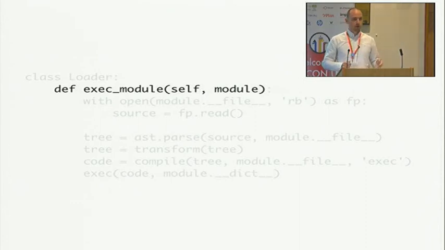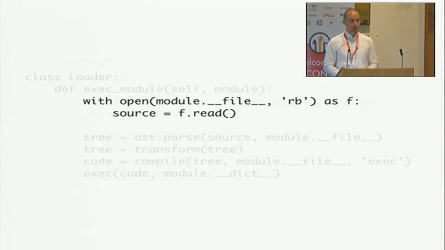So it will have underscore underscore name underscore path and so on. But it's still empty. No code has been executed in this module. First thing we do is we read the source code from the file. We know this file exists because we checked this in Finder, so no error checking needed.